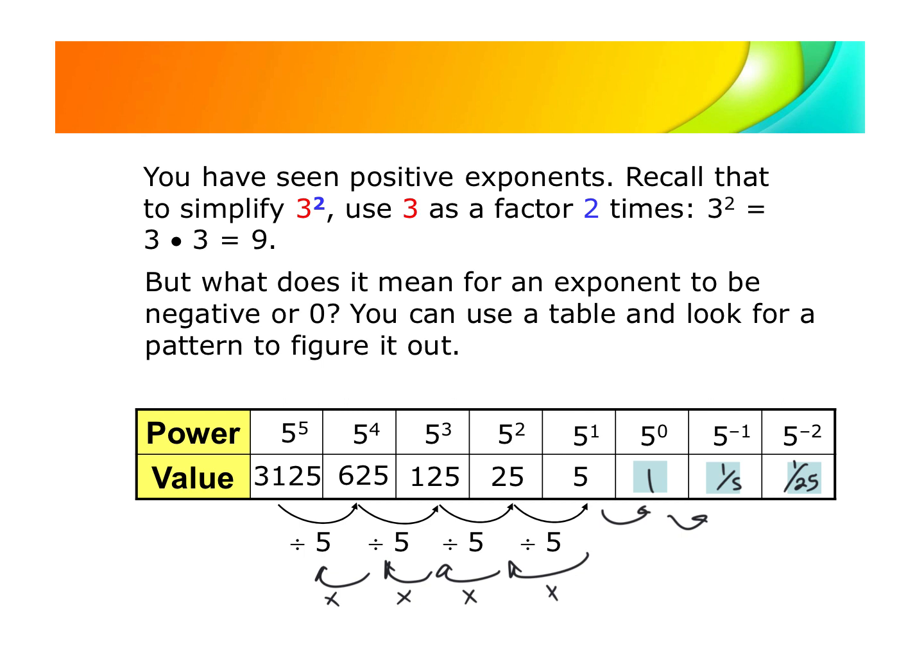Now, this is a rule. It's never going to change if you have an exponent of 0. A 0 exponent, your answer will always be 1.